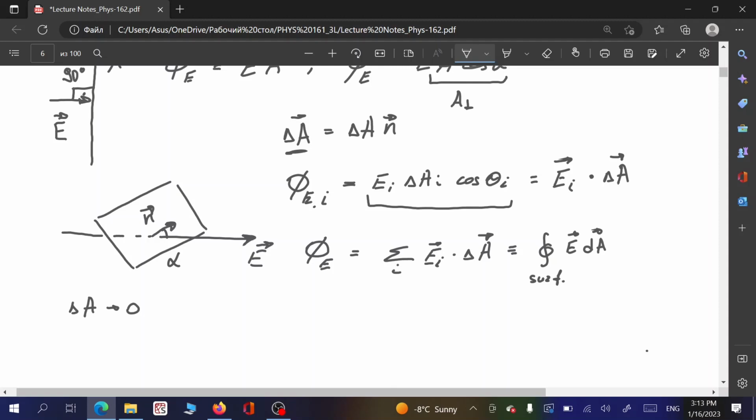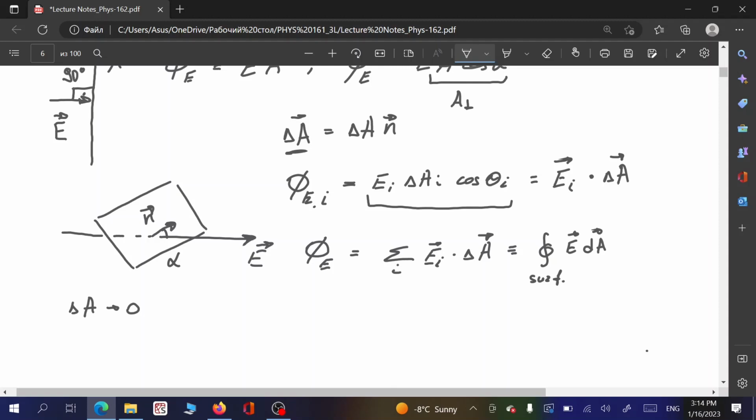So the net difference between entering and exiting electric field lines from closed surface will give us the net electric field flux through this surface.